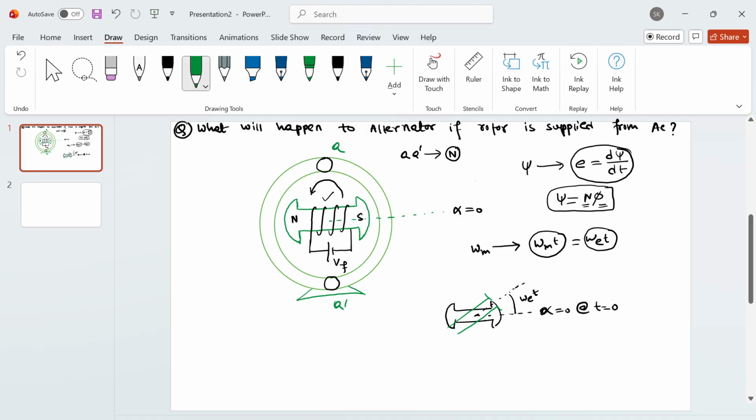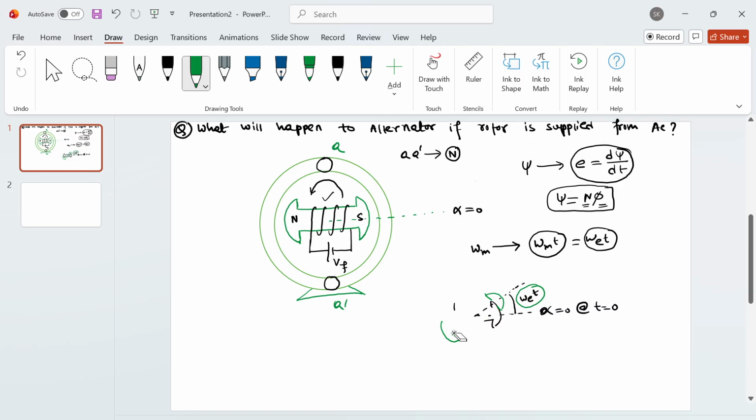The black one was the position of the rotor at t equal to 0, and at any given instant t your rotor will have rotated this much angle. So there will be a change of flux with respect to the AA dash coil.